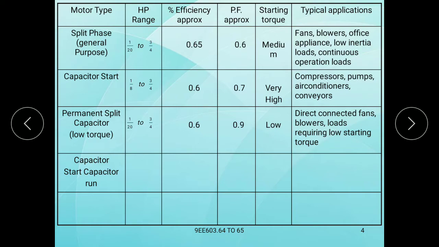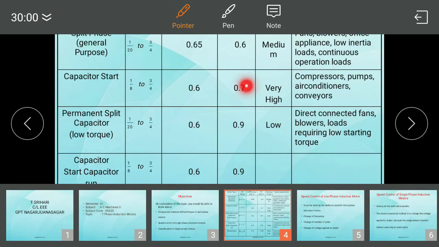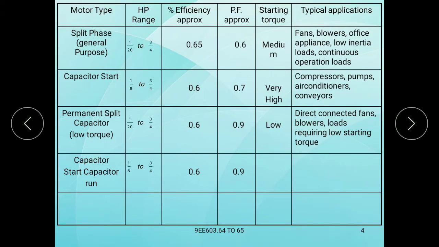Next one is capacitor start, capacitor run. Here the HP range is 1/8 to 3/4. Efficiency is 0.6, that means 60%. Here the two, capacitor start and capacitor run, are combined.